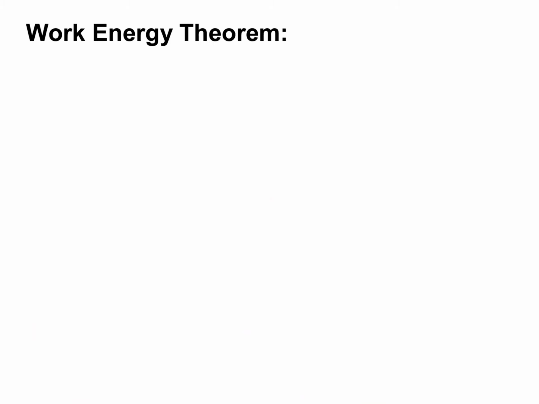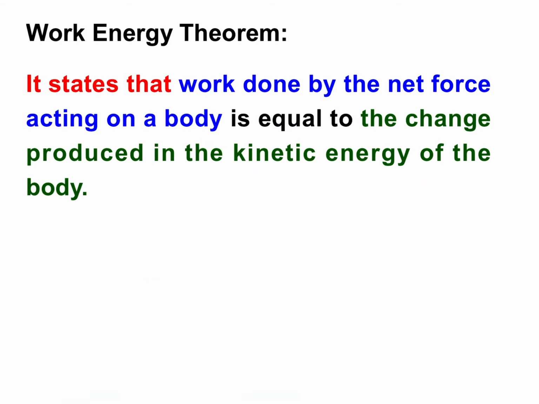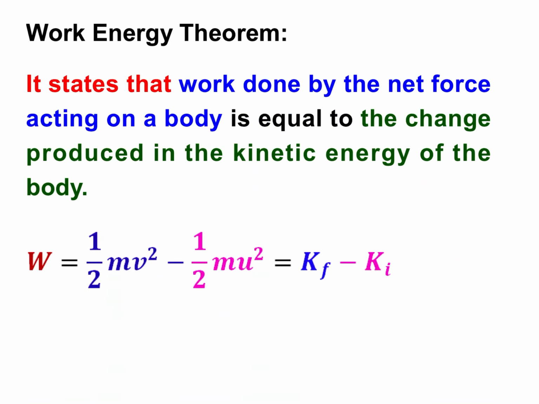Work energy theorem. What is the work energy theorem? It states that work done by the net force acting on a body is equal to the change produced in the kinetic energy of the body. Work done is equal to change in kinetic energy of the body is called the work energy theorem.